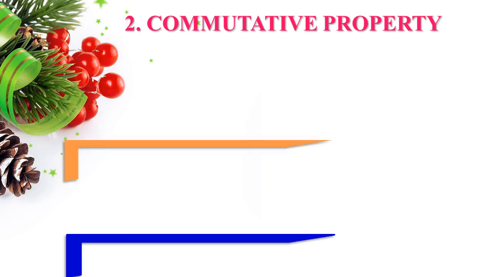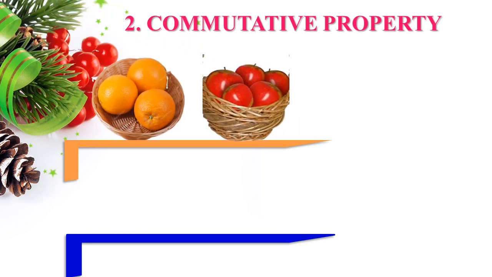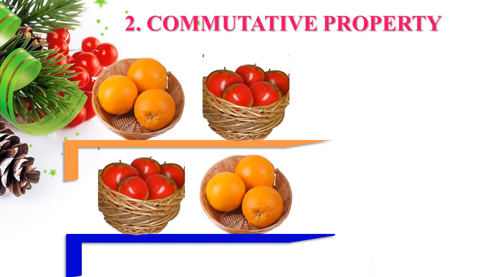Let us see the second property, commutative property. See children, here are two tables. In each table there are two bowls. In the first table, the first bowl has 3 oranges and the second bowl has 5 apples. In the second table, the first bowl has 5 apples and the second bowl has 3 oranges.